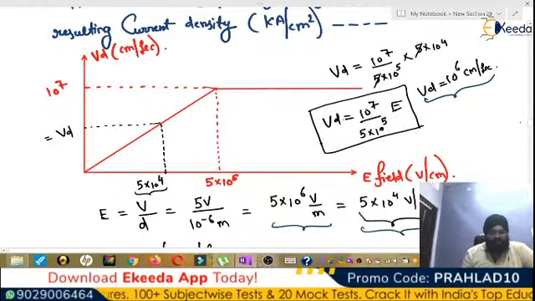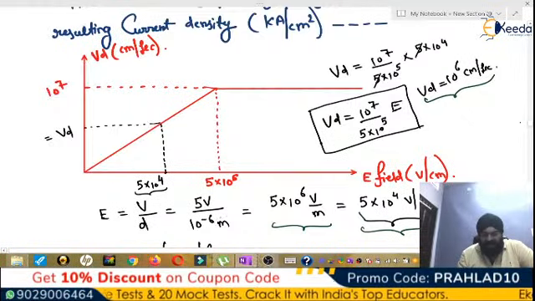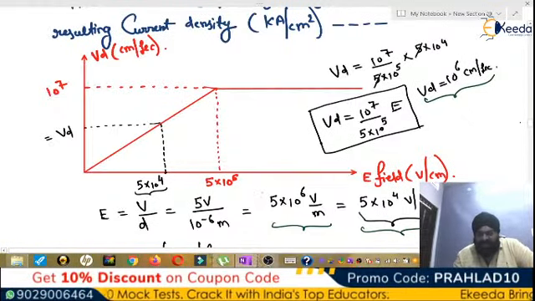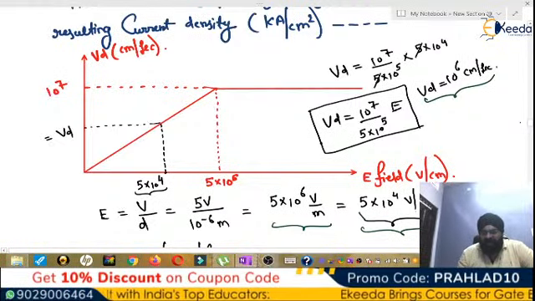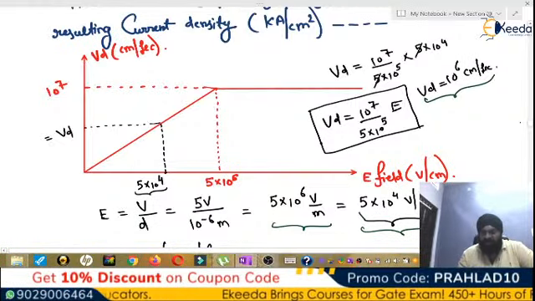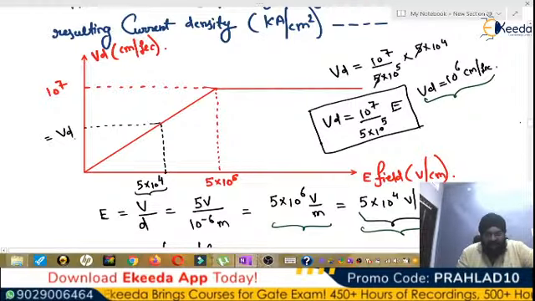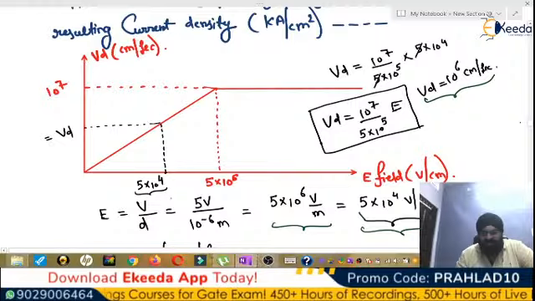So electric field is V by d, it is 5 volt by 10^-6 meter. It is 5 × 10^6 volt per meter. When we calculate it in volt per centimeter, it is 5 × 10^4 volt per centimeter. At this electric field, we have to calculate the value of mobility, right?